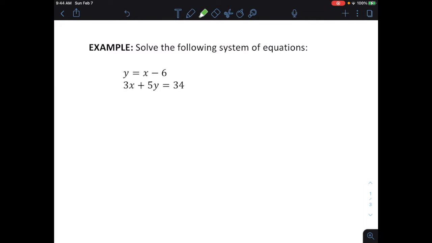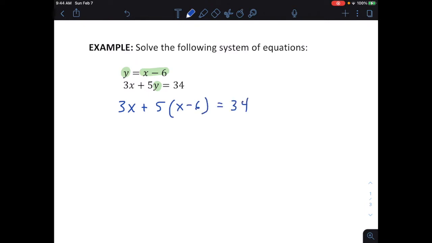Okay, so we know that the y is equal to x minus 6. And down here we have a y. That means we can take that x minus 6 and replace the y with it. So let's just do that. So we have 3x plus 5, and now instead of writing y, I'm going to put parentheses x minus 6.